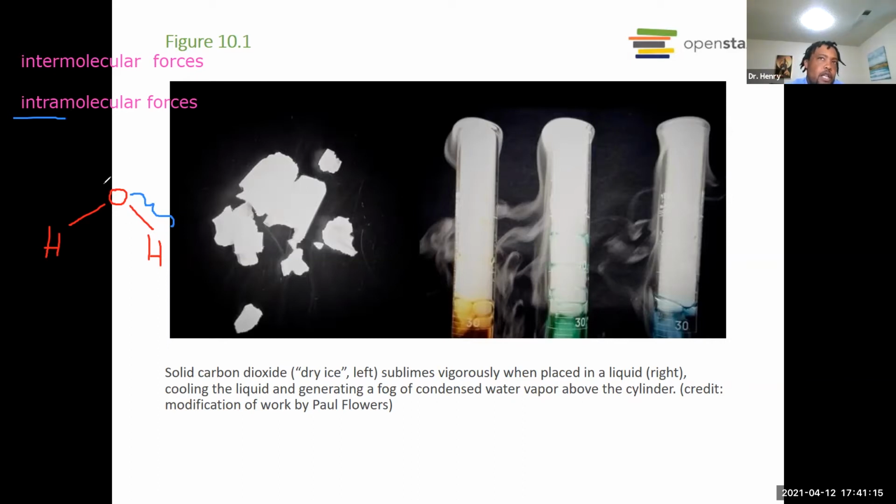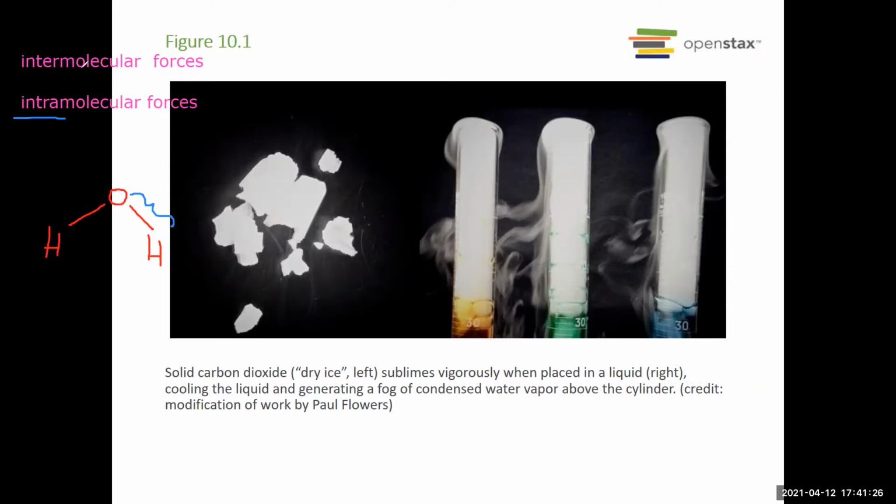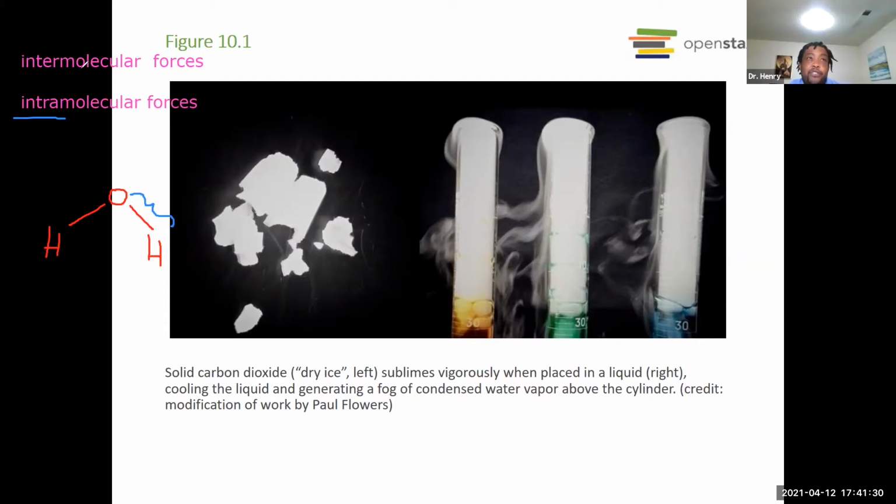So it's within the molecule, okay? Inter, like if you think about interstate, what do we know about interstates? They go through multiple states. They go through multiple states. So like between states, right? So in this case, it's between molecules. It would be the same thing as looking at water, but between two water molecules.